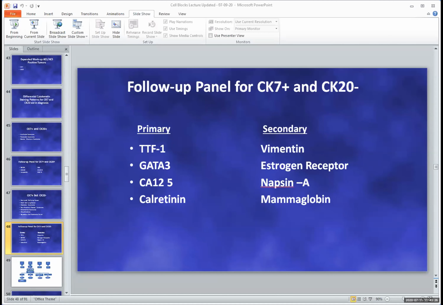A panel that's useful in following up those for much more specific diagnoses. The one I like is TTF1, that's for lung. GATA3 would be for breast. CA125, again, for ovary. Calretinin would be good for mesothelioma. We can use a secondary panel if I don't get convincing results for that, as shown on the right-hand side, and that may often help clarify what we're looking at.